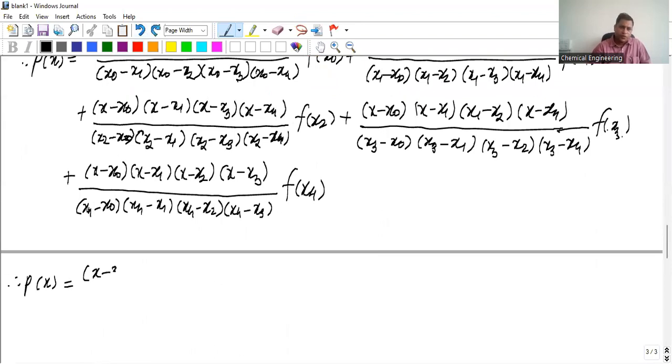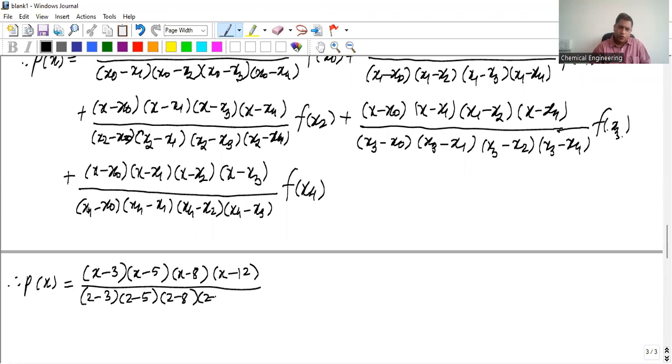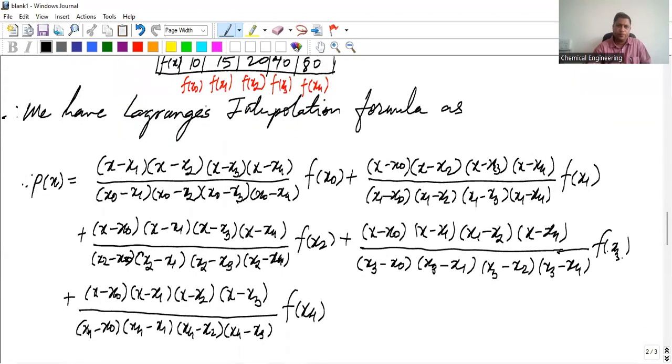Okay, so x minus 3, x minus 5, x minus 8, x minus 12. And here, this is 2 minus 3, 2 minus 5, 2 minus 8, 2 minus 12. And f of x0. So what is the value of f of x0? It is going to be 10.